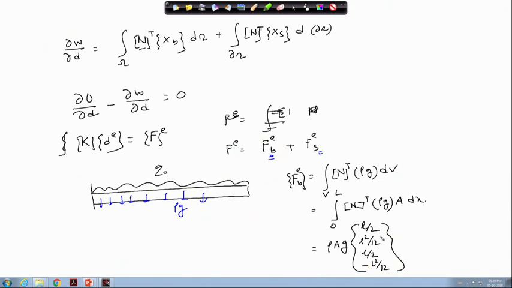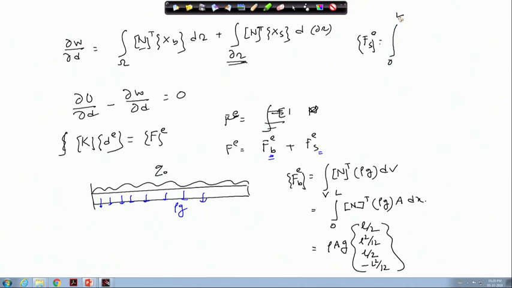Okay. In addition to that, we have one more contribution, that is the Fs term. Then what will be the Fs term? Similarly we can calculate, Fs at the element level will be an integration. As I said, this integration will be over the surface. In this case, this integration will be over the length on which this force is acting.